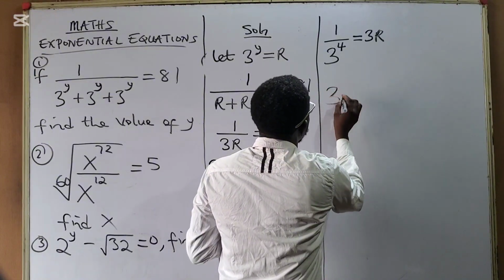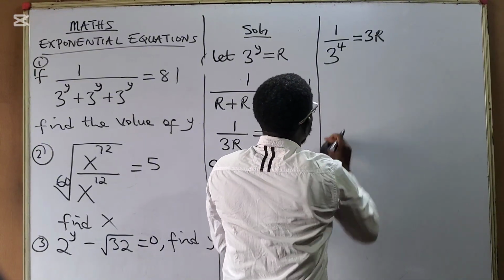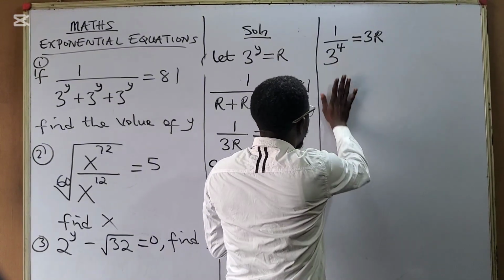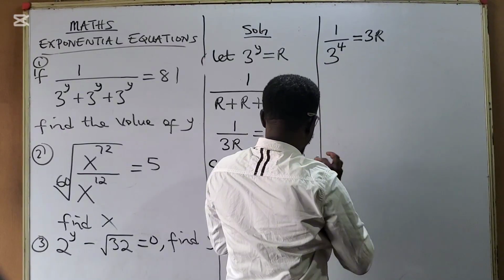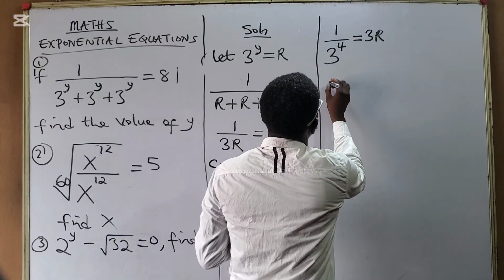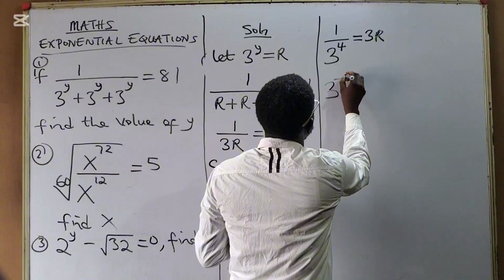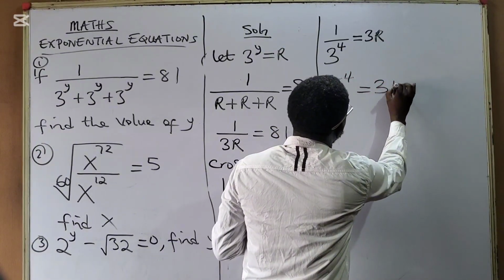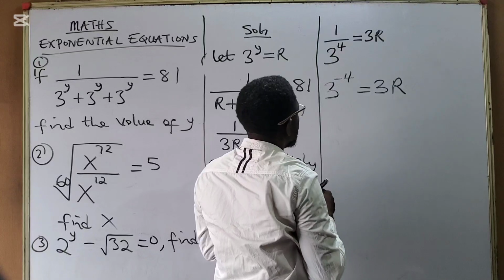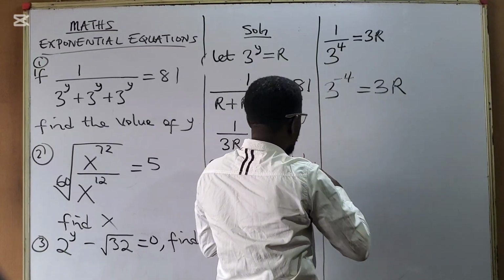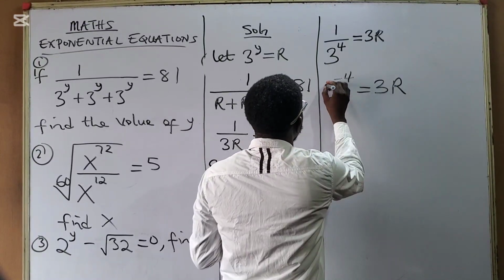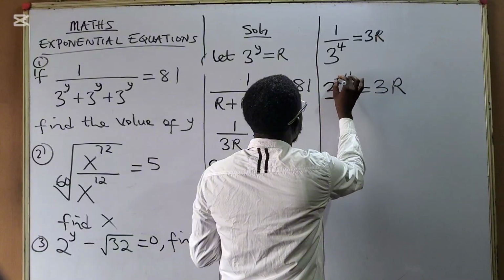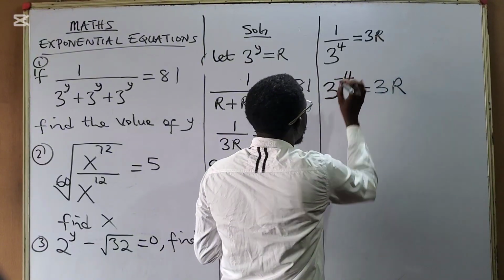I write this one as 3 raised to power minus 4 equal to 3r. 3 raised to power minus 4 equals 3r.